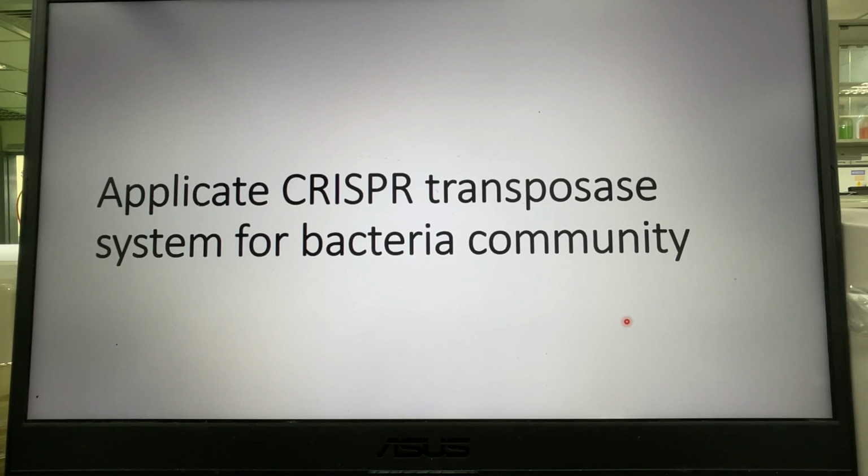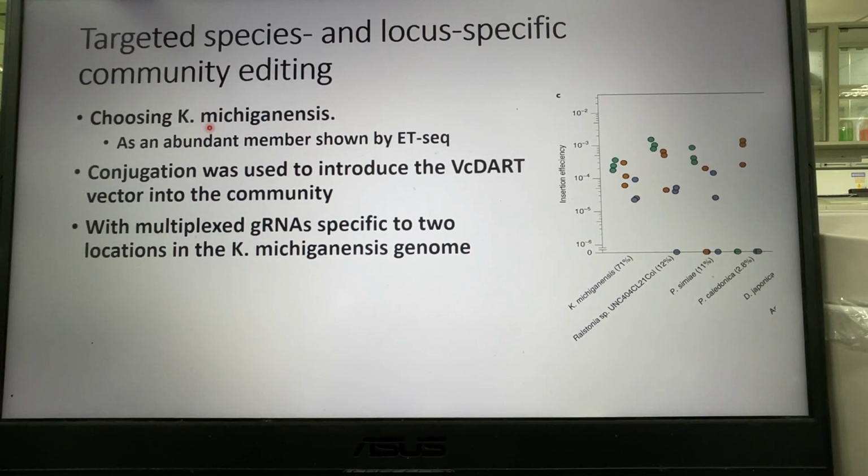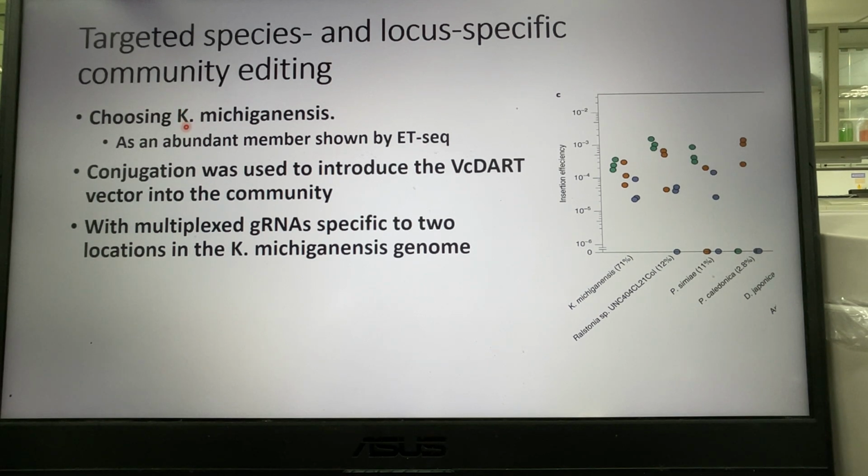And now the application of the CRISPR transposon system for a bacterial community. By combining the two results of ET-seq and the DART system, the authors chose this as their research target because of the abundant member shown by ET-seq.